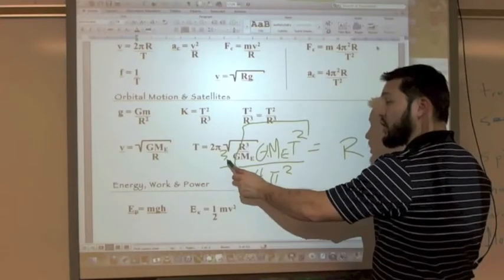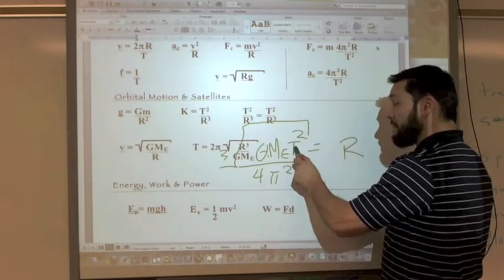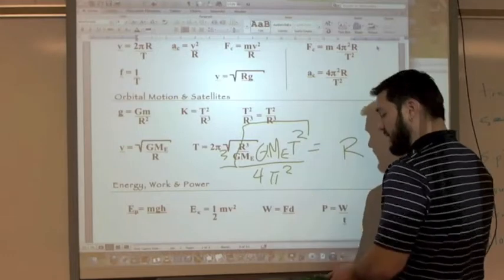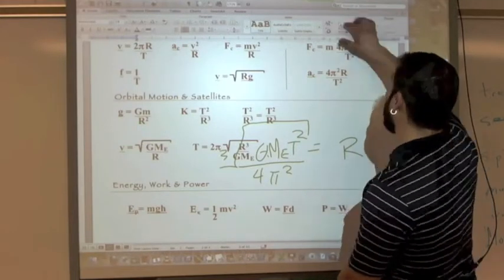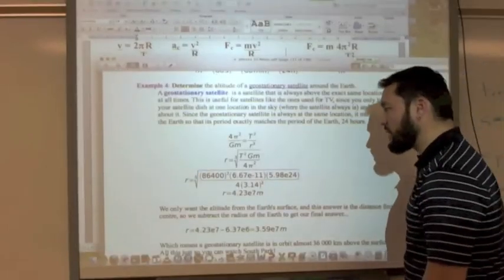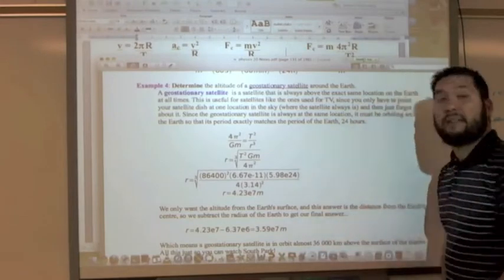So r is equal to the cube root of big G, mass of the Earth, multiplied by the period squared, over 4 pi squared. Now if we jump back to the notes, yeah, that looks about right. All that is left is plugging in the values.